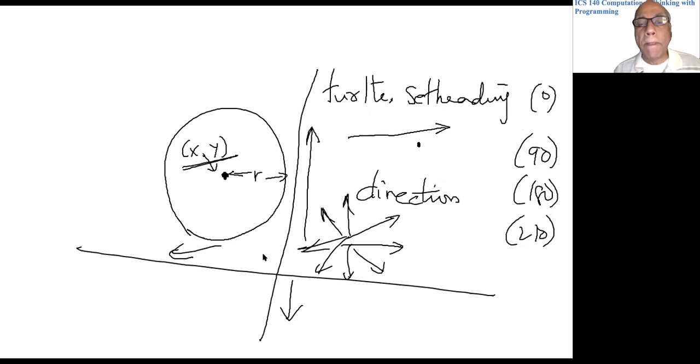All right. So suppose I want my turtle to be centered at X, Y and have a radius of R. There are many ways of achieving this. One way would be to make the turtle go here and set the direction east.